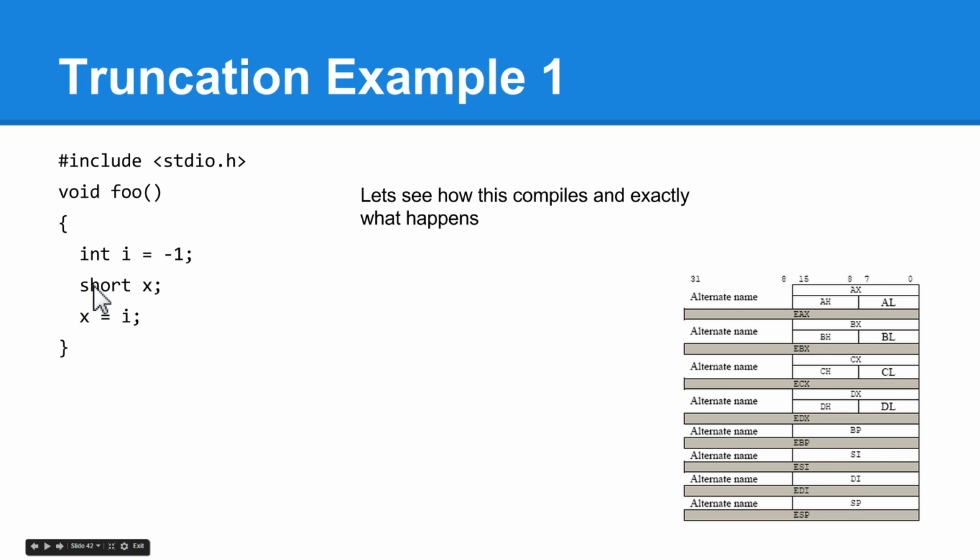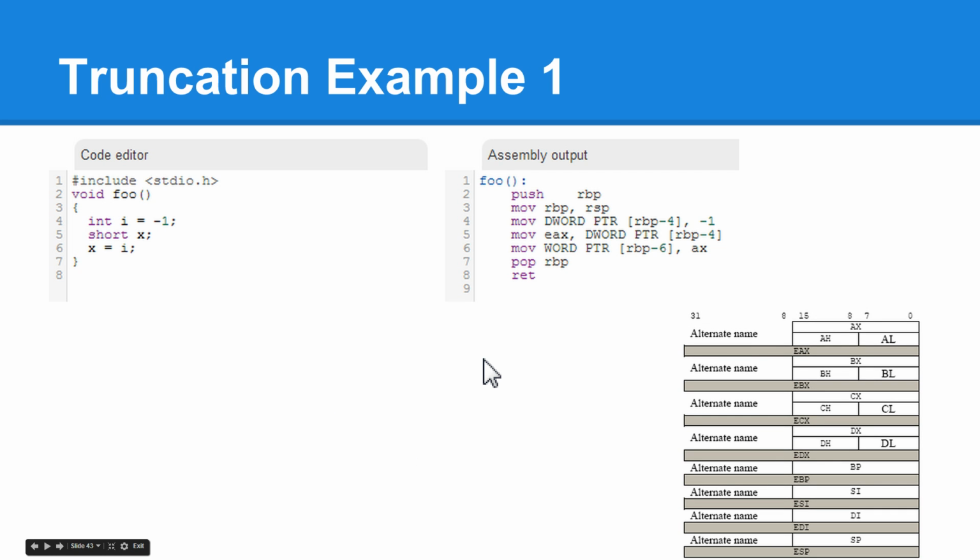So this is an integer truncation example, where we take an integer I and set it equal to -1. An integer is signed by default. And then we're going to take a short x and we're going to store I into x. And we're going to see how this plays out. So we have the function prolog, and what's being set up here is that it's moving -1 onto the stack, doing the move right here, and then moving the result into the value on the stack that is reserved for x.